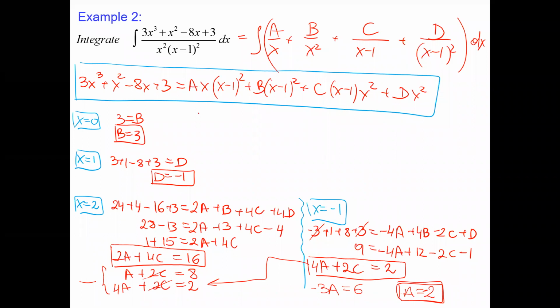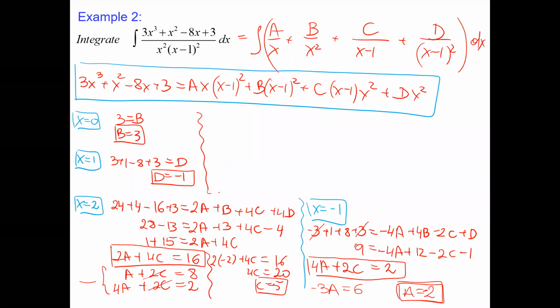I know, lots of algebra. Actually, I can write here 2 times negative 2 plus 4c equals 16. 4c equals, this is negative 4, adding to both sides, we will have 20. C is 5.